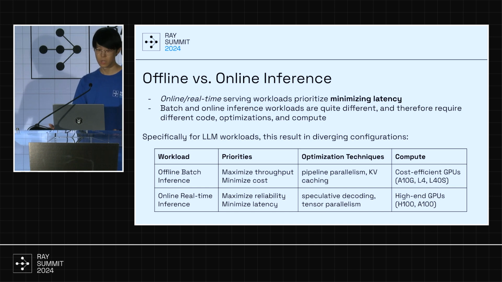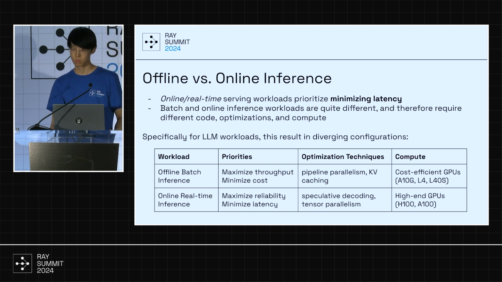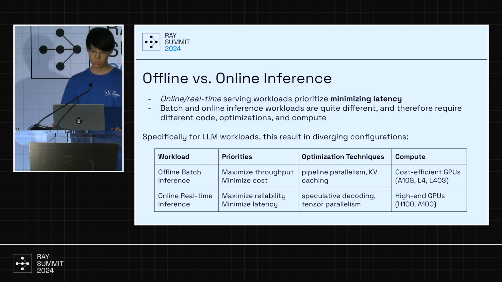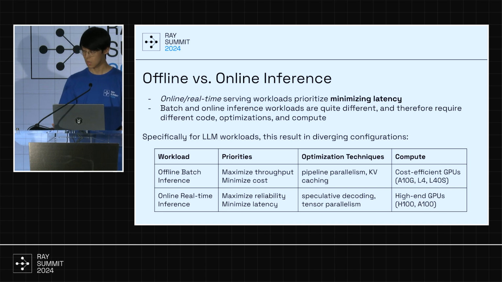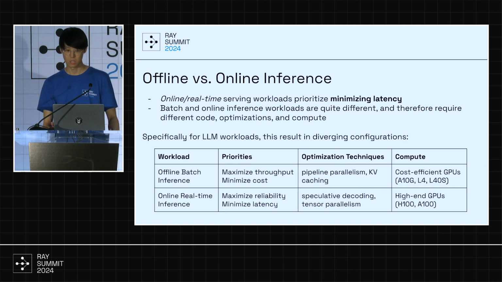Specifically for LLM workloads, this means that we're going to have to use different optimization techniques and compute to really optimize our objective. For offline workloads, we want to maximize throughput and minimize the cost. So we'll use optimization techniques like pipeline parallelism and KV caching. For these types of workloads, we can often use cost-efficient GPUs that are more widely available, like A10Gs and L4s.